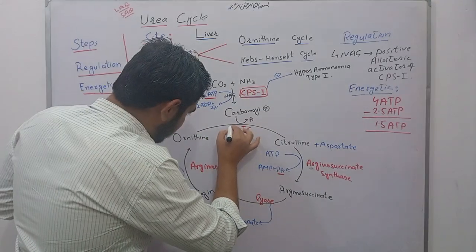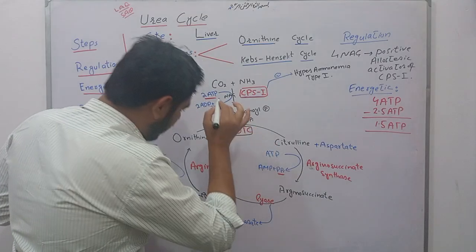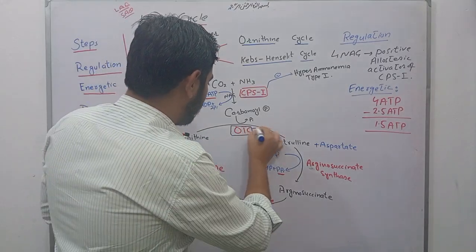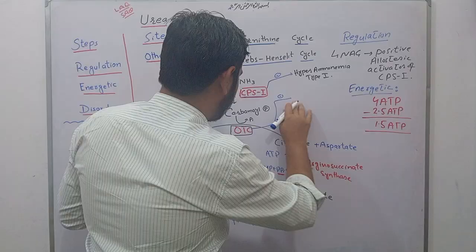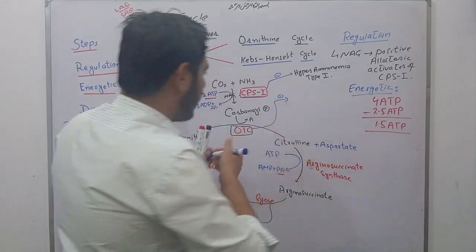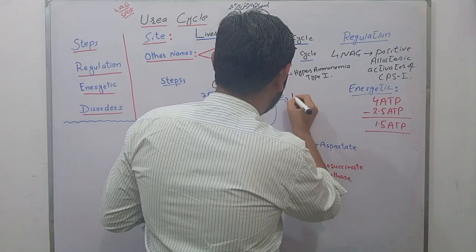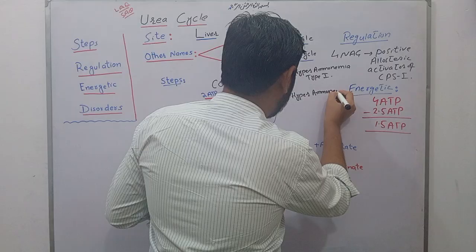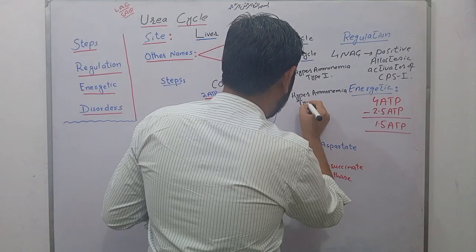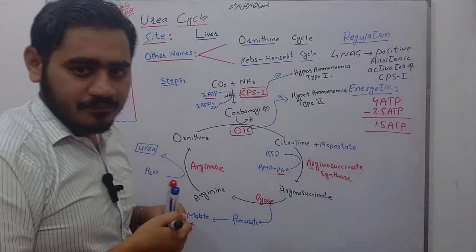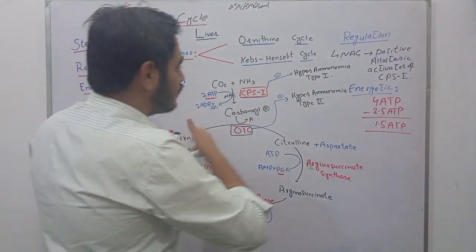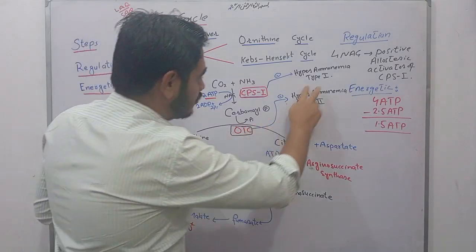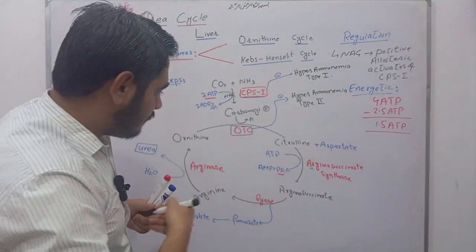Now the deficiency of this enzyme, ornithine transcarbamylase enzyme, leads to the disorder hyperammonemia type 2.